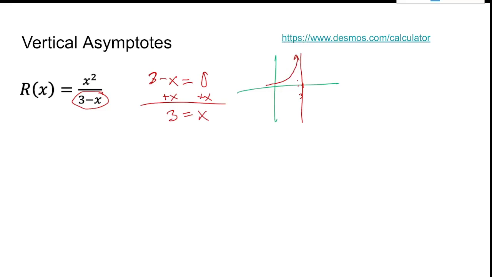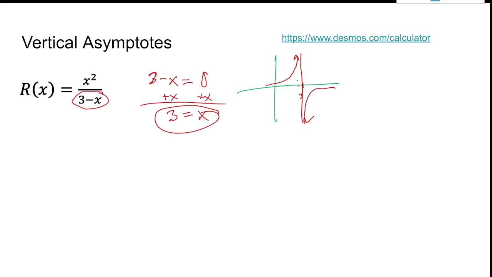As we get bigger than 3, so plug in like 4 minus 3, that's going to be a negative value. So the indication is it's probably going to go down to negative infinity. And what exactly it looks like, we're not quite sure. We're going to talk about horizontal asymptotes in a moment, but what we can see clearly is that when the denominator becomes 0, we're going to get a vertical asymptote at x equals 3.